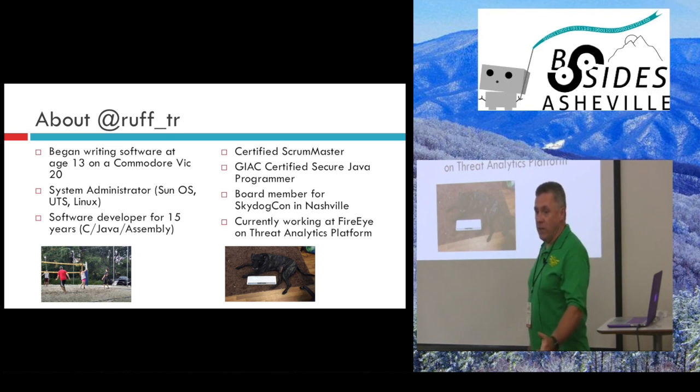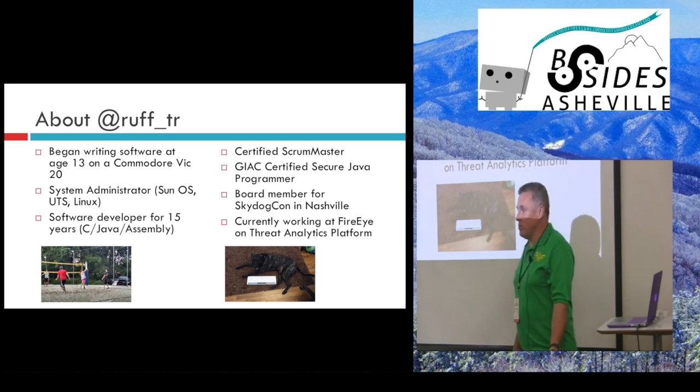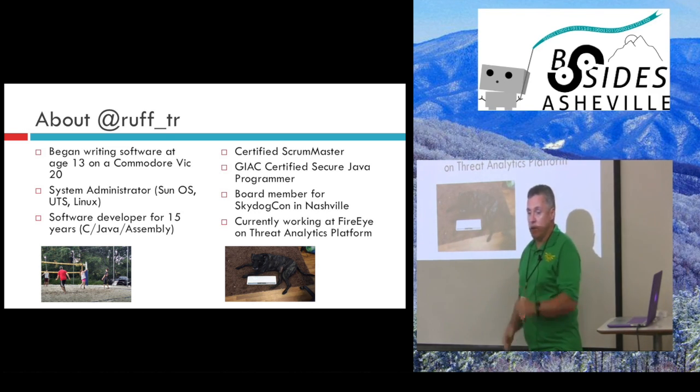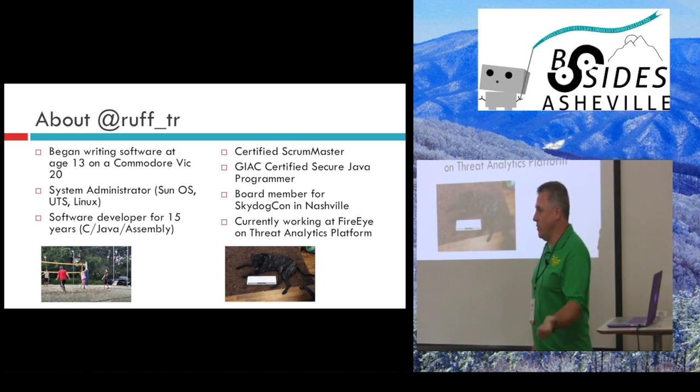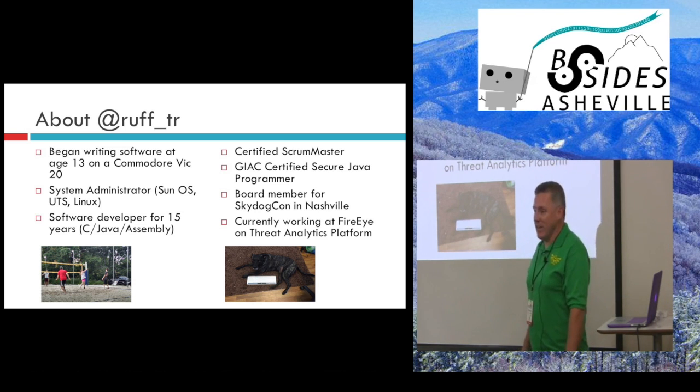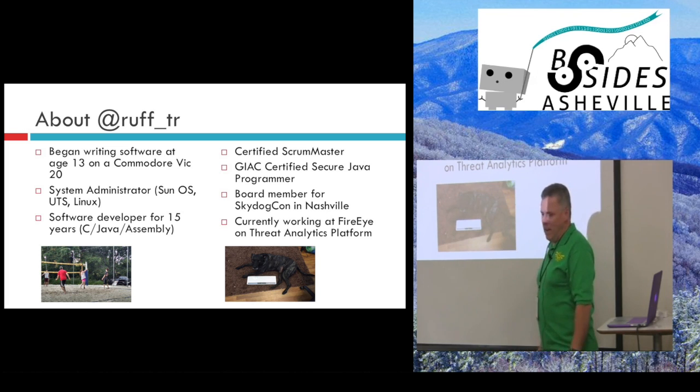So I started on K&R C, if anybody's old enough to remember K&R, which became ANSI C. Then I coded in Java for 15 years, and I've done assembly on various different platforms, 6502, 8088, System 390. Anybody know System 390? And then I went into project management a little bit, and then I finally evolved. I would consider myself a recovering developer doing security.